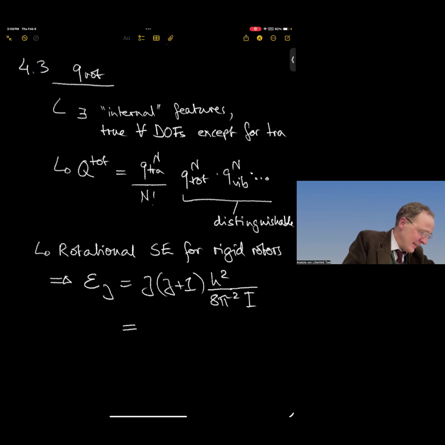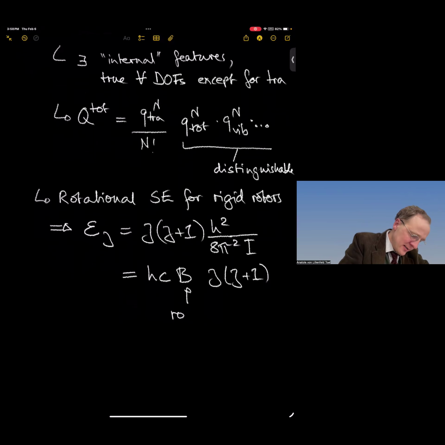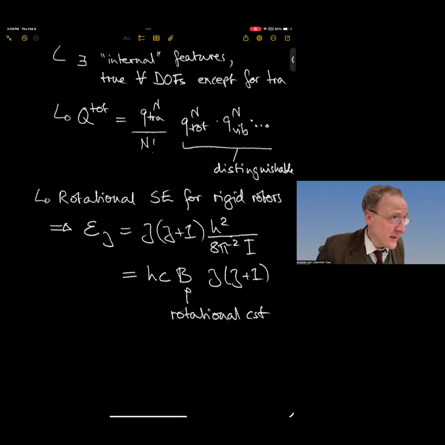And this is also commonly written as hc, c being the speed of light, B times J times J plus 1, my quantum numbers, and B being the rotational constant, which is typically measured in rotational spectroscopy. So this can be a measurement of your material, and it should correspond to h over 8 pi square c times the moment of inertia. Okay.